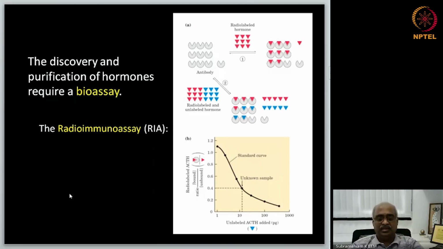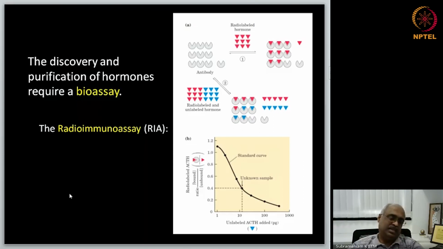In contrast to that, there are other methods of detecting and quantitating the amount of hormones, which are not dependent on biological activity, but depend on the specificity of receptor-ligand binding or antibody-antigen binding.